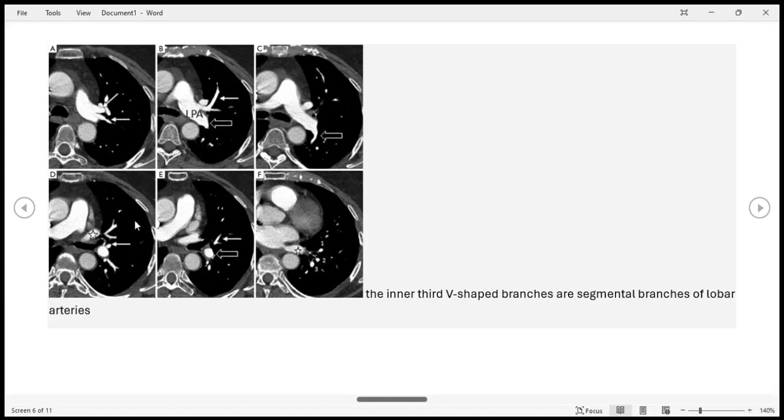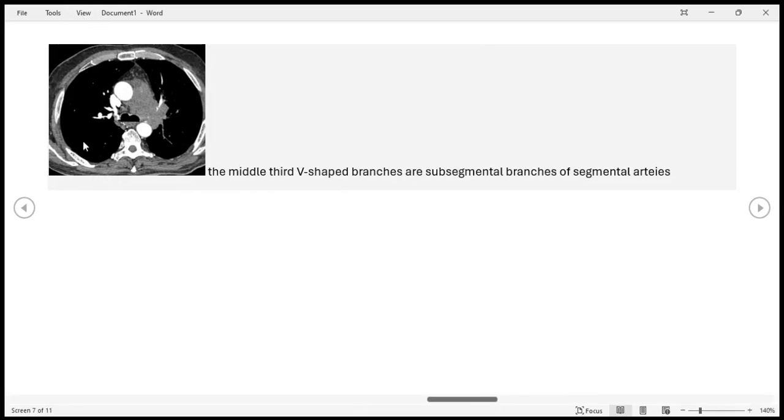So V-shaped within the inner third, this is segmental or second order branches. Here, V-shaped within the inner third, segmental branches or second order branches. This branch is within the middle third of the lung.